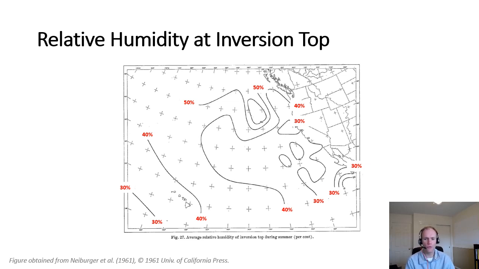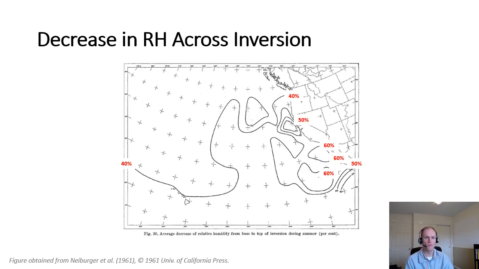But in terms of where we're typically seeing our inversion located, roughly 30 to 40% relative humidity at the top of the inversion. In terms of how much relative humidity decreases across the inversion, note that we're looking at a decrease of 50 to 60% across much of the eastern portion of the Pacific Ocean near to the coast of North America.